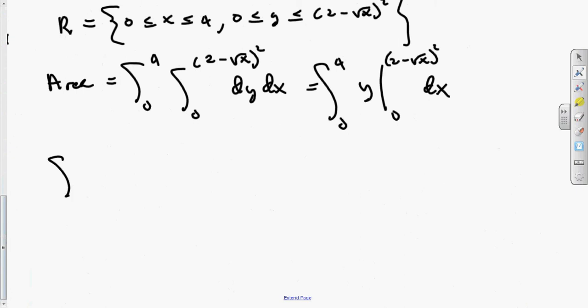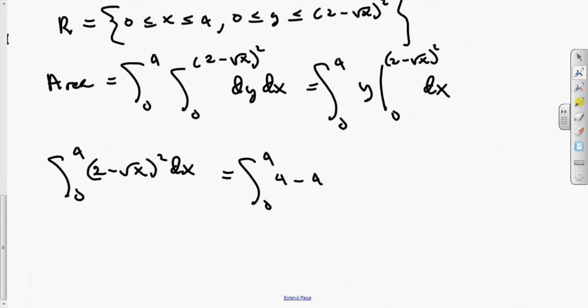So this just becomes the integral from 0 to 4 of 2 minus the square root of x, squared, dx. We simplify this term that's squared. So this is 4 minus 4 times x to the 1/2, we set that up for integrating, and then plus x.